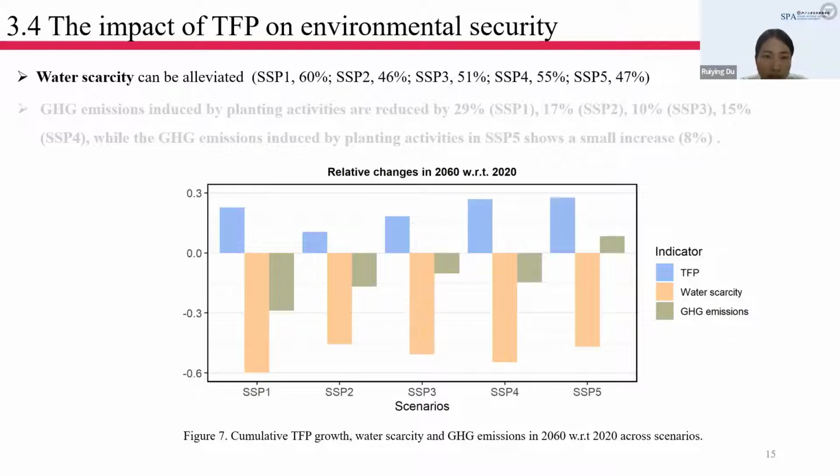The water scarcity of agricultural water in China can be alleviated by 60% in SSP1, 46% in SSP2, 51% in SSP3, 55% in SSP4, and 47% in SSP5.